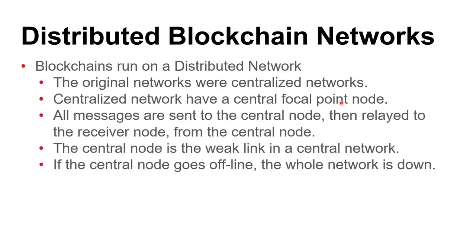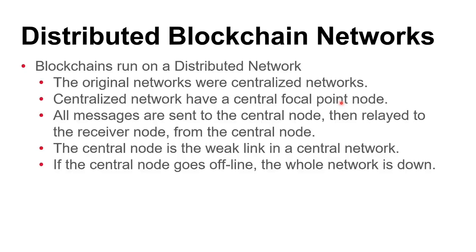Blockchains all run, no matter what they are, on a distributed network. And if we think about the original networks, when networks were first assembled, all the networks were centralized. When we say centralized, they had a focal point through which all of the nodes communicated.